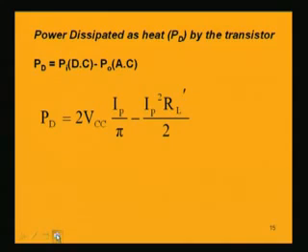So putting down these values, because Pi DC is nothing but 2 VCC IP by pi, minus the output AC power, which is IP square into RL dash by 2. If we substitute these values, we get the power dissipated as heat.